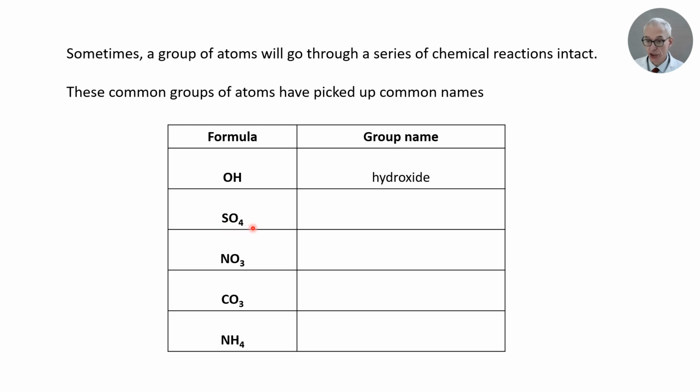Sulfur and 4 oxygens, SO4, is sulfate. NO3 in a compound is known as nitrate. And CO3, 1 carbon, 3 oxygens, is known as carbonate. NH4, that's 1 nitrogen and 4 hydrogens, is known as the ammonium group.